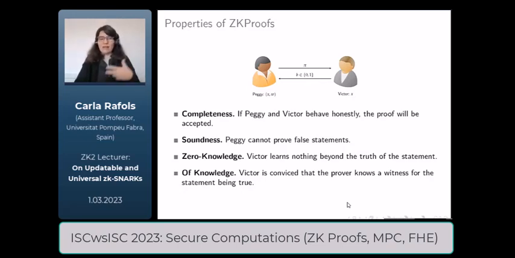Completeness is just classical correctness, so it tells me that if everybody behaves in the specified way, the verifier will accept. Soundness tells me that Peggy cannot cheat. And zero knowledge tells me that Victor learns nothing beyond the truth of the statement. So Victor learns nothing from this interaction apart from the fact that the statement is true, but he doesn't learn anything about the witness.